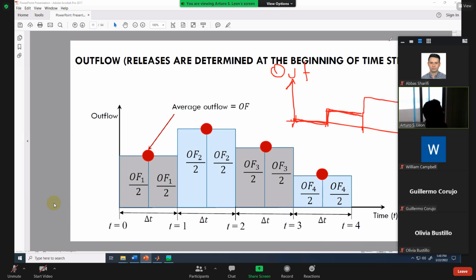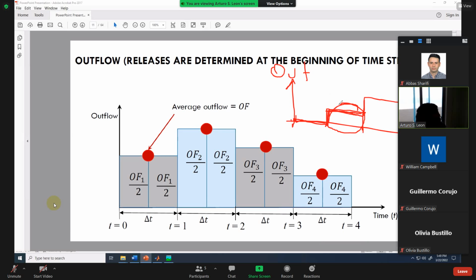But as you can see here, all these variations are in steps, gradually. During the whole hour, you will keep the same flow, because you are keeping the gate at the same position. Remember, you are operating every 1 hour, so you are not changing the gate in the middle of that hour.